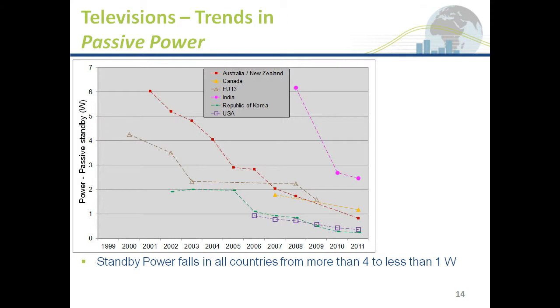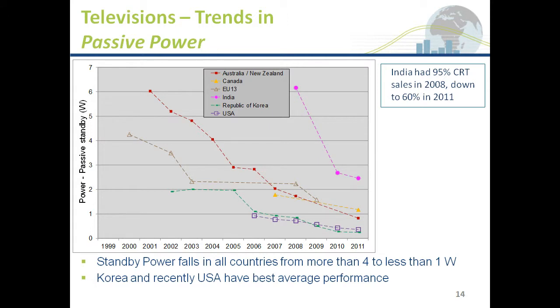It's falling in all of the countries that we looked at, and has dropped from over 4 watts down to less than 1 watt in most of those countries now. Korea and also more recently the USA have achieved the best average performance, the lowest standby, which has been less than 1 watt from around 2006, in fact.